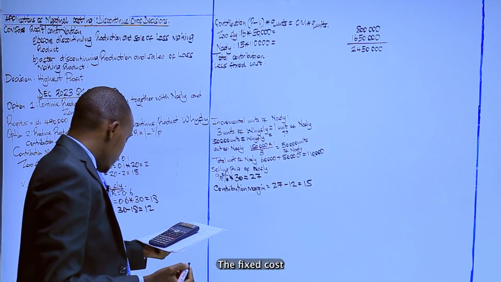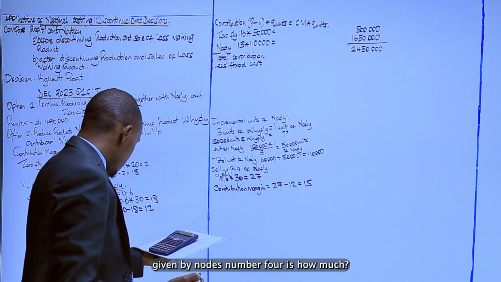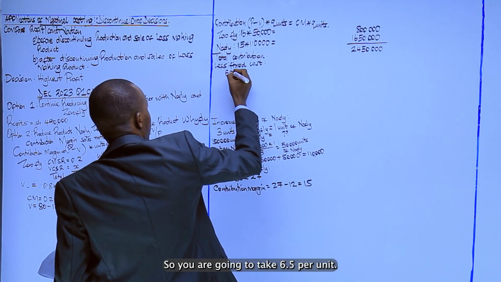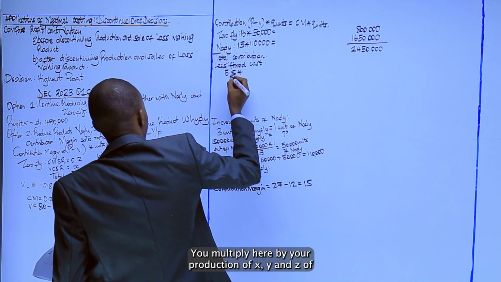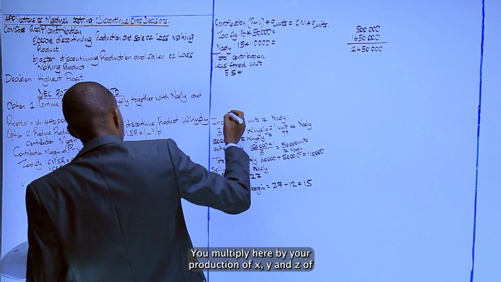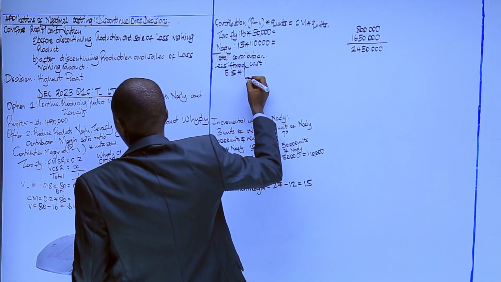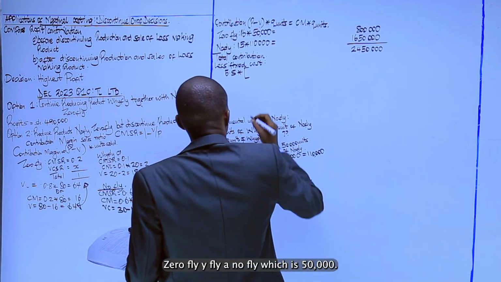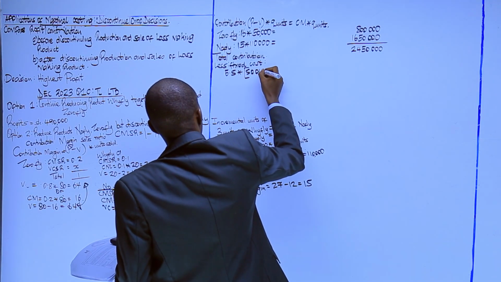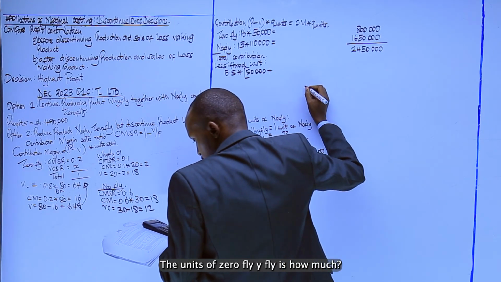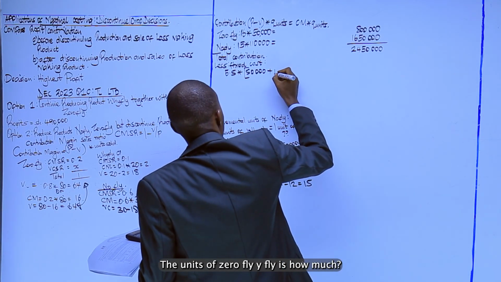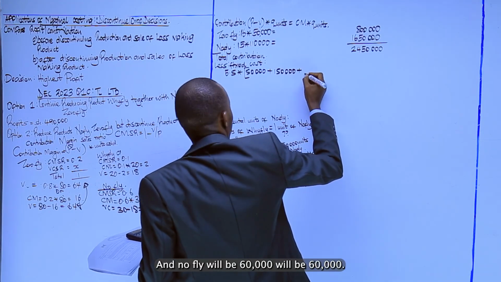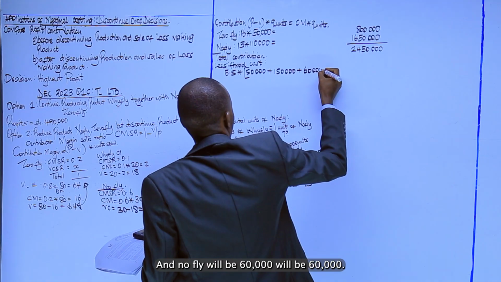The fixed cost given by note number 4 is 6.5 per unit. You multiply by your production of X, Y, and Z: Zero Fly is 50,000 units, Y Fly is 150,000, and No Fly is 60,000.